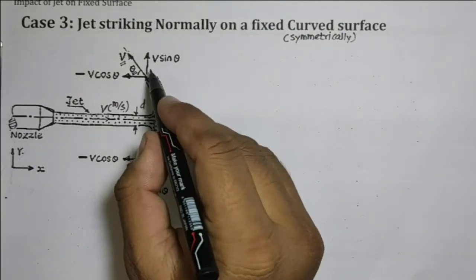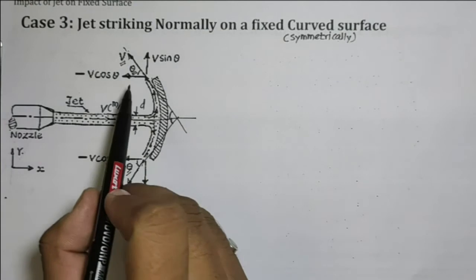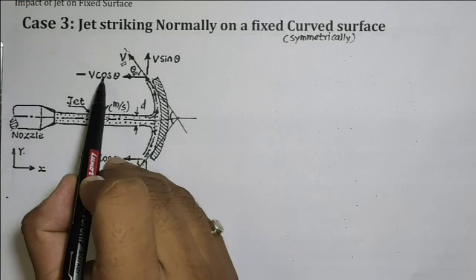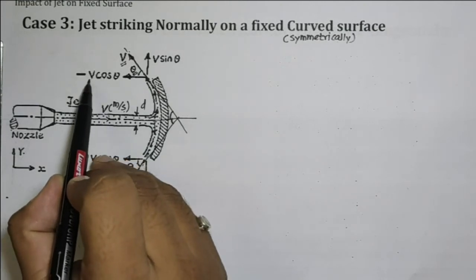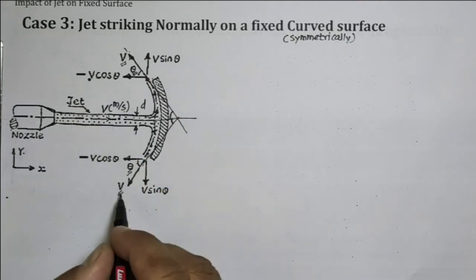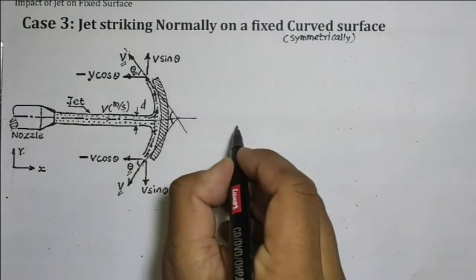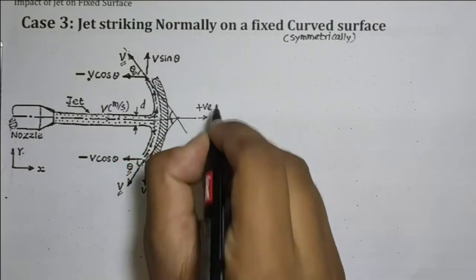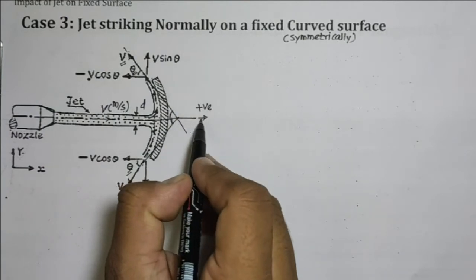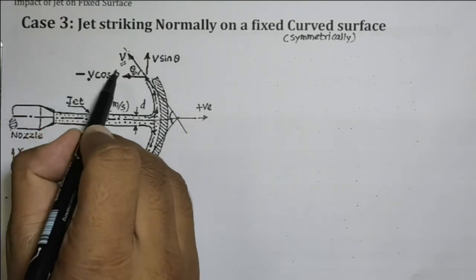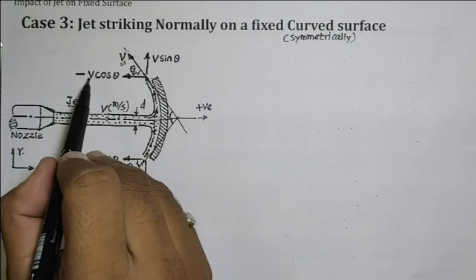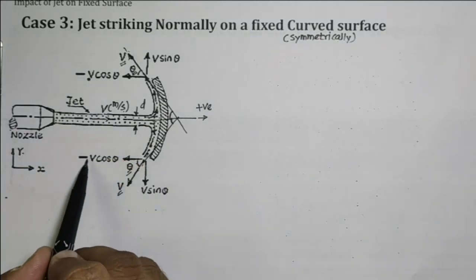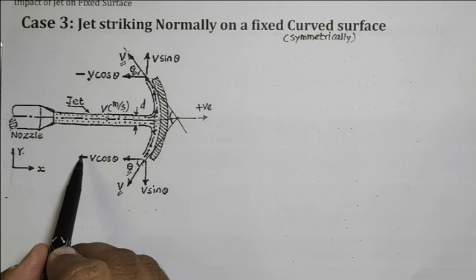So we have these two components, and now we will try to understand them. v can be resolved in the x direction as v cos theta, but as per our sign convention we are considering this direction as the positive x direction, and opposite to that we have the negative x direction. Because of that reason we have this negative sign provided over here. Similarly on the lower side also we have this negative sign.